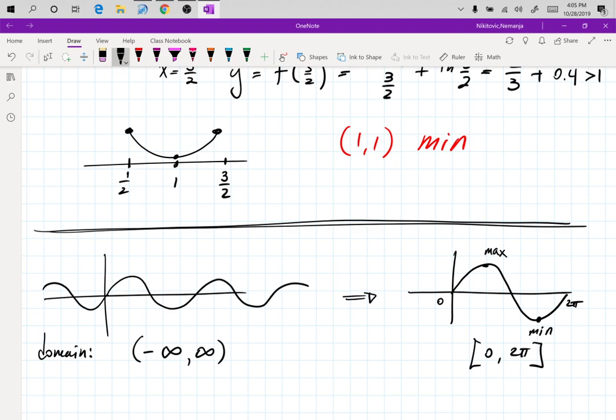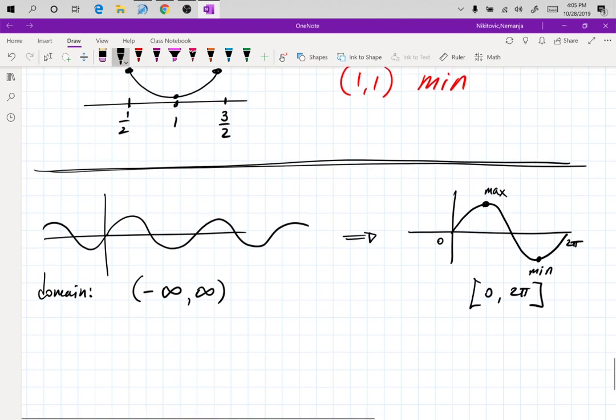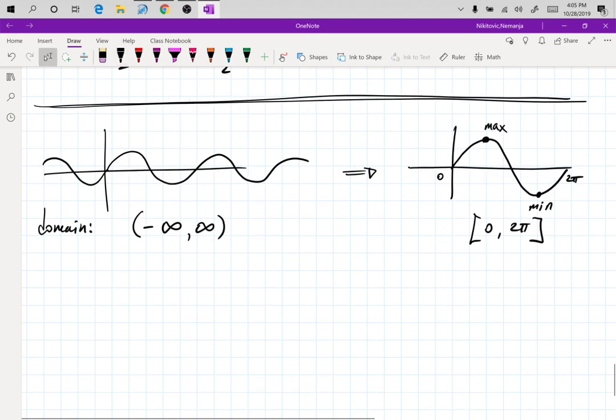So now, we can take functions that do not have min and max, and by chopping their domains, create min and max. An example of that would be f of x equals 1 over x.